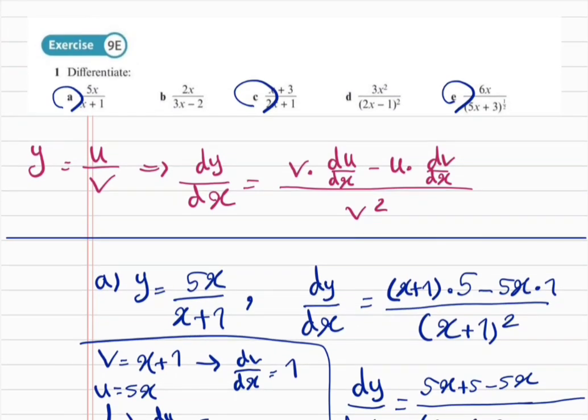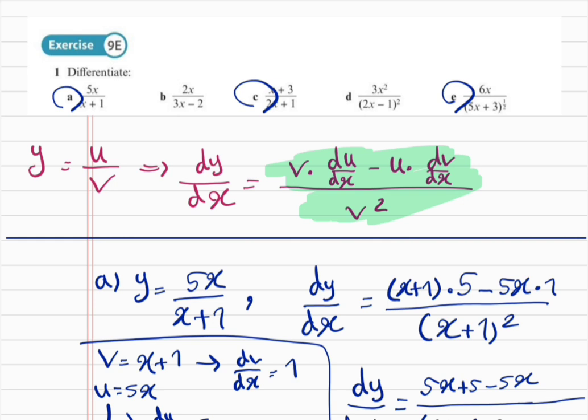Just as a final note, this is the quotient rule, as you can see here. The best way I recommend memorizing it, of course you can memorize however you like, but the way I think is good is to memorize it in words in your head. You can always say the denominator function is squared in the denominator.